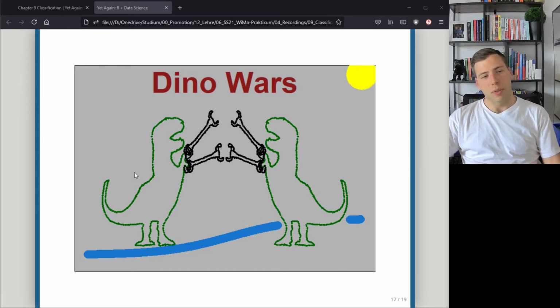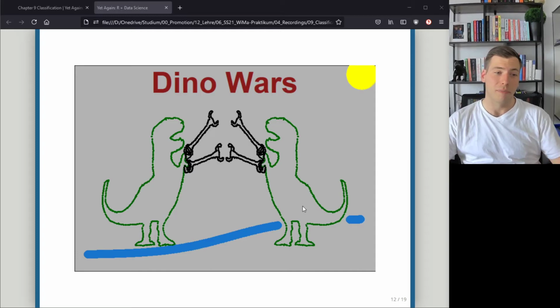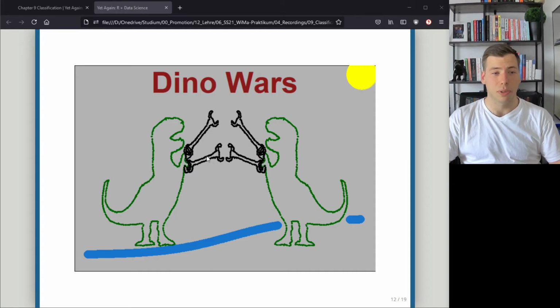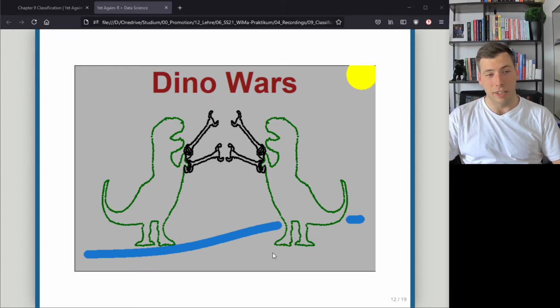So here we have two dinosaurs which are fighting with each other now that they have new tools to do that. And a couple of things you may want to notice about this is that first, this blue line here, this is of course a perfectly drawn river. So these two dinosaurs are fighting across a river. And what is more important is that it's the logistic function, if you have noticed. I've transformed it a bit, but in essence it's the logistic function.